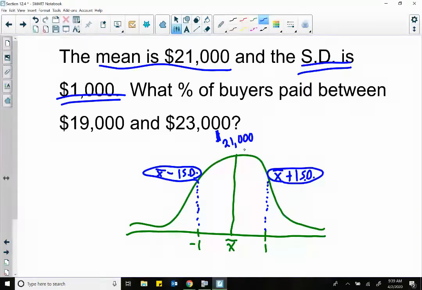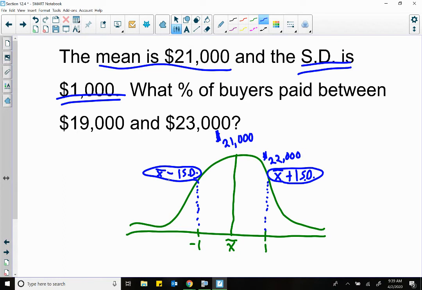So if I go 1 standard deviation above that, all I'm really doing is taking 21,000 and adding 1 times 1,000. Well, 1 times 1,000 is 1,000. So what's 21,000 plus 1,000? 22,000. So if you are 1 standard deviation away, you are at 22,000.